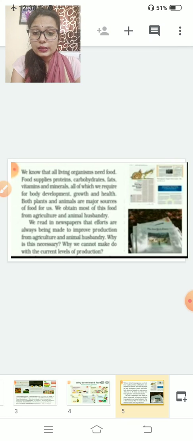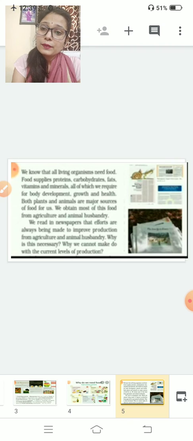Both plants and animals are major sources of food for us. We obtain most of this food from agriculture and animal husbandry. Agriculture means plants. Animal husbandry means animals.